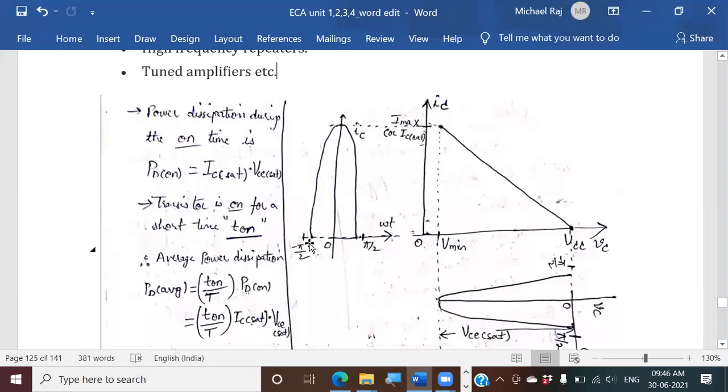Suppose this is minus 70 to 70 degrees. During that minus 70 to 70 degrees, the signal is on. For the remaining cycle, the signal is off.